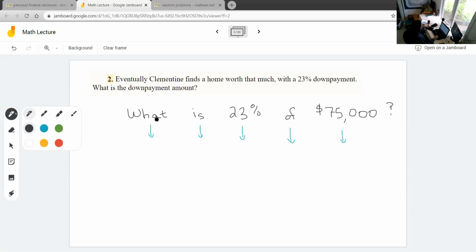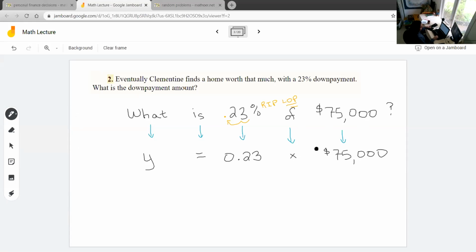In any word problem, what becomes the letter I'm solving for? Is becomes equals. If I want to take a percent and put it in my calculator, then we have right into percent, left out of percent, rip lop. We're going left out of percent in this case. Of becomes multiply, and 75,000, the number just stays a number.